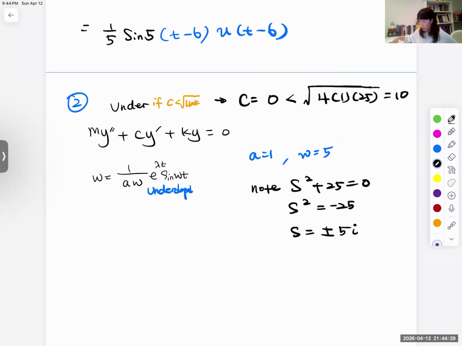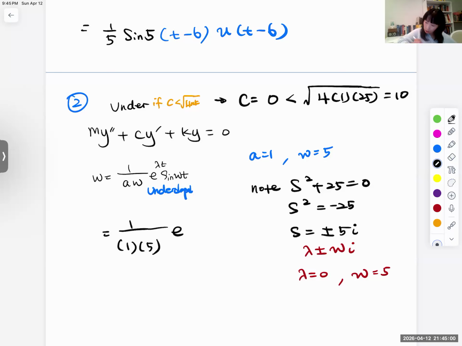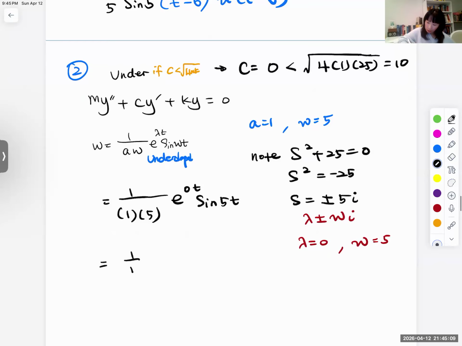We have the form lambda plus or minus omega i. In that case, lambda equals 0 and omega equals 5. So we get 1 over A equals 1, omega equals 5, and e to the lambda t, which is 0, times sine omega t, which is 5t. This is how we get that too.